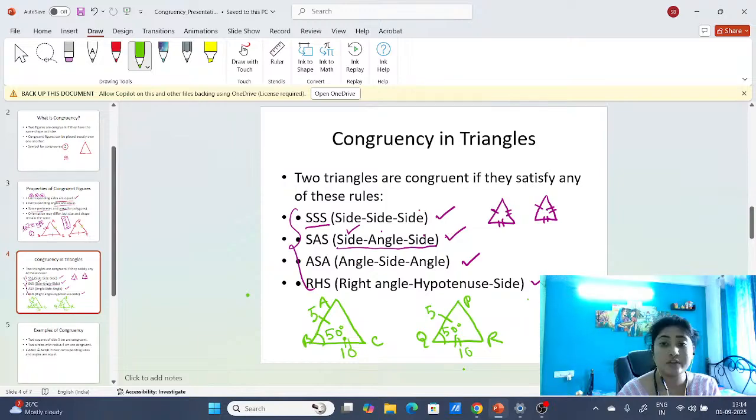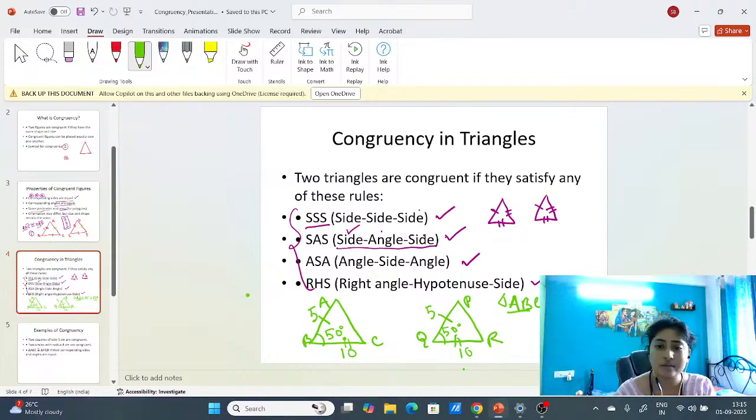make sure you are writing in the same order. We cannot change the order. Again and again I will remind this. So my triangle ABC will be congruent to triangle PQR. Just check if the order is maintained or not. AB is equal to PQ, correct?